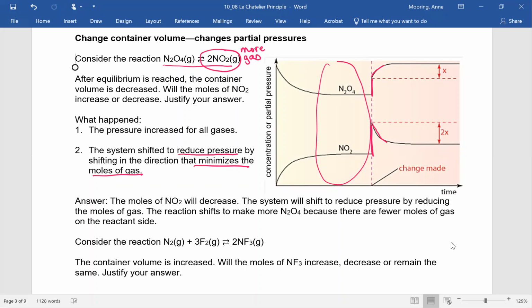So our answer, without even looking at this graph, you should be able to say the moles of nitrogen dioxide will decrease. The system will shift to reduce pressure by reducing the moles of gas. The reaction shifts to make more N2O4 because there are fewer moles of gas on the reactant side.